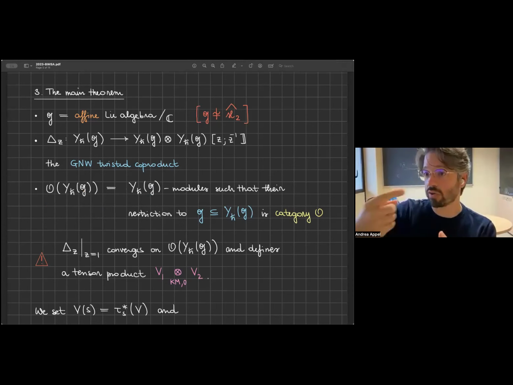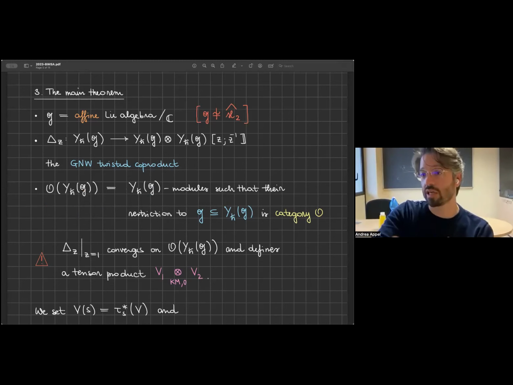So in particular, I can consider a representation of the Yangian and then restrict it to the Lie algebra. And what I want in this case is that when I restrict it to the Lie algebra, I get a category O representation for G.